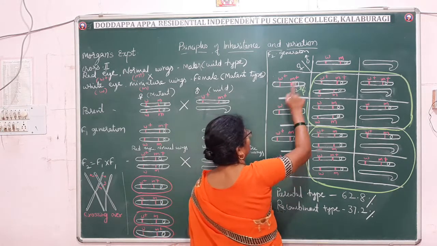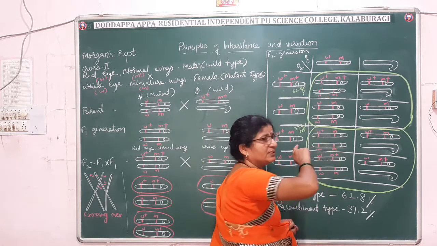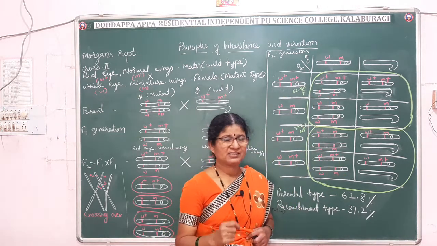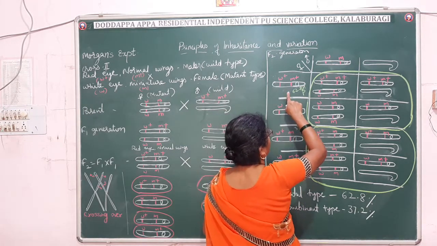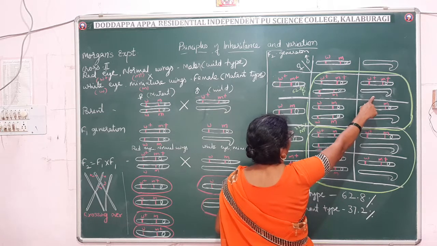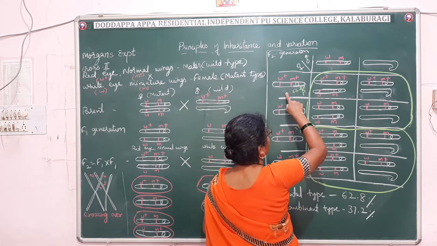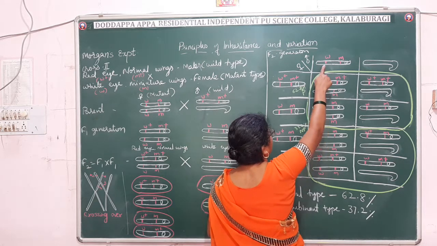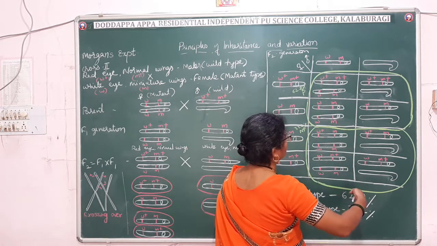Now let me see here. First we wrote the dominant gene. As usual, you know that all the males will get one X chromosome from the mother and Y chromosome from the father, and all the females will get one X chromosome from the mother and one X chromosome from the father. So likewise we have to go on writing.